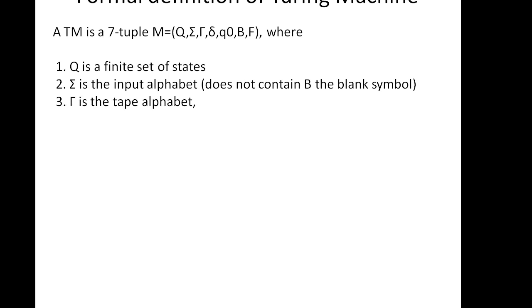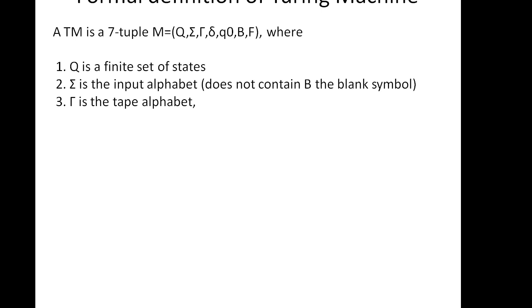The third is the tape alphabet. In a PDA it was a stack alphabet. Over here it is a tape alphabet. So the tape alphabet could be, as you have already seen, any symbol from the input symbols, because if you're trying to match and read, then it could be an input symbol, or it could be blank spaces.